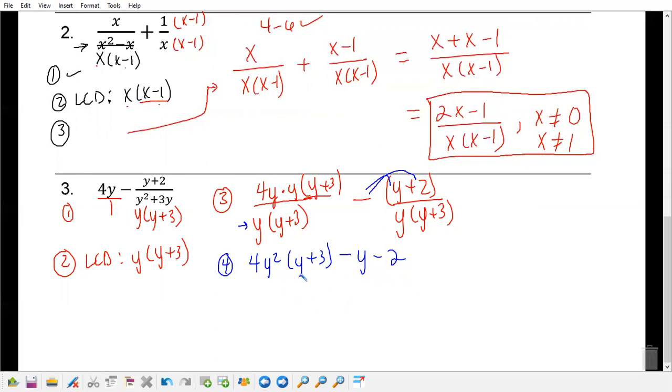So I have 4y squared times y plus 3. So I'm going to distribute. That gives me 4y cubed plus 12y squared minus y minus 2 all over y times y plus 3.